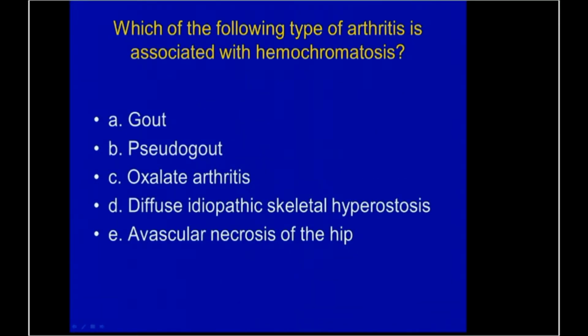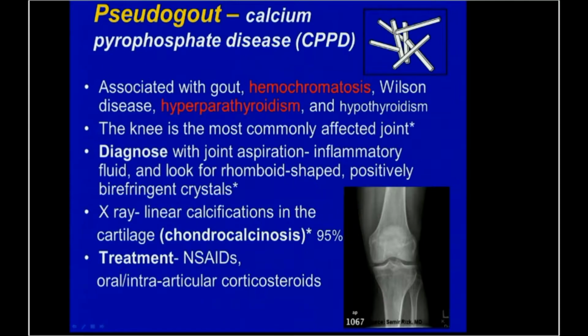Which of the following types of arthritis is associated with hemochromatosis? Which one? Yep, that's right. That's the pseudogout. And I want to remind you that pseudogout is due to calcium pyrophosphate deposition, and gout itself can increase the risk for pseudogout.